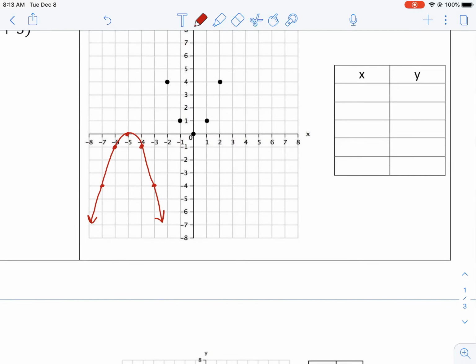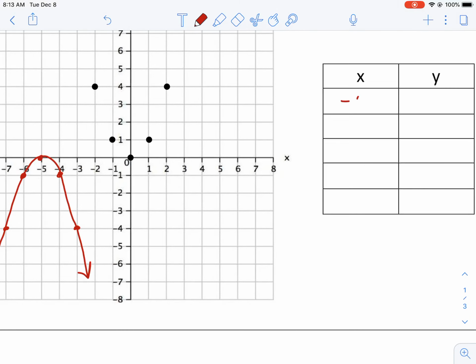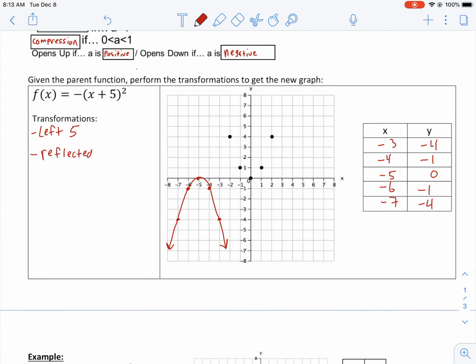Let's look at our new points. We've got -5, 0. Oh, that should be in the middle though, because that's the vertex. On either side, we've got -4 and -6. Those are going down by 1. On either side of that, we've got -3 and -7. Those are going down by 4. So all the parent function points have been flipped upside down.